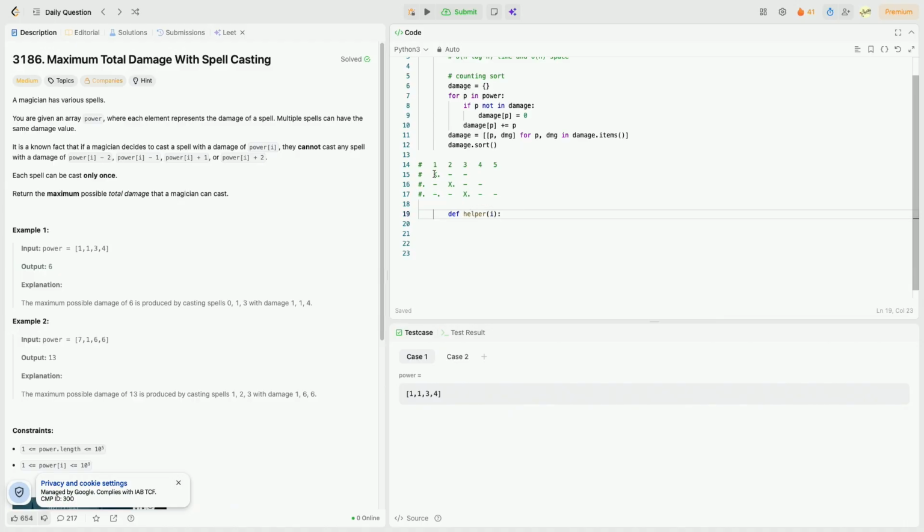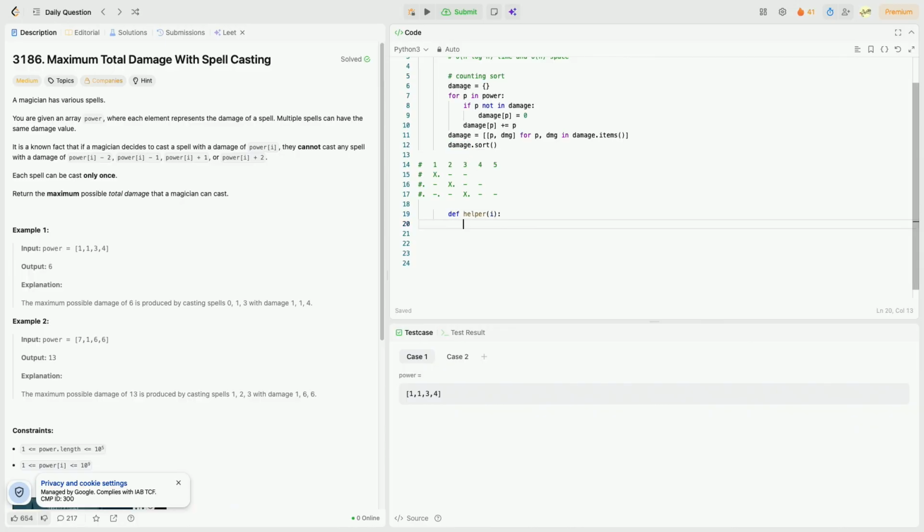So we will simulate picking the next index, the one after, and the one after that. However, we need to make sure that we skip indices where the damage values are too close to the damage value at position I.